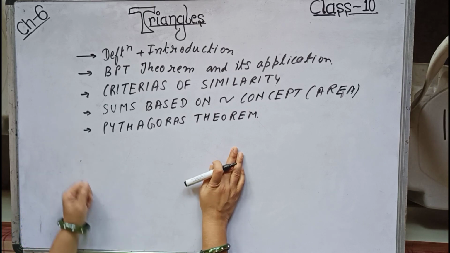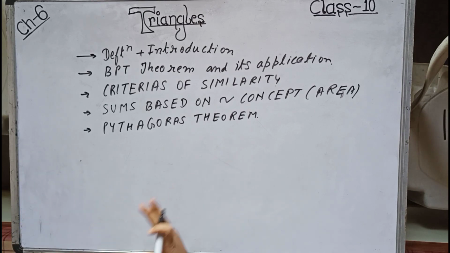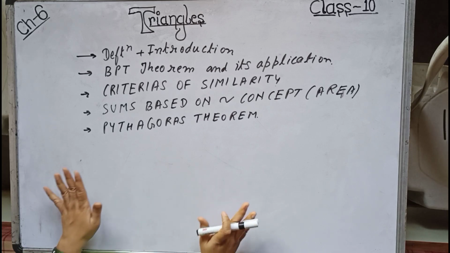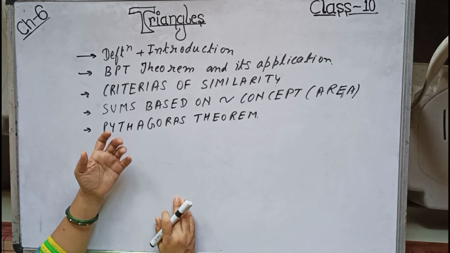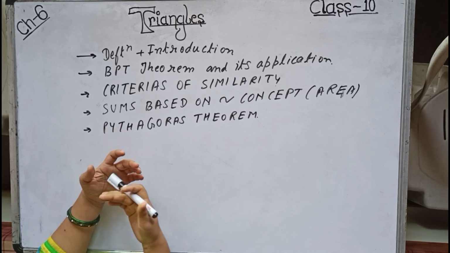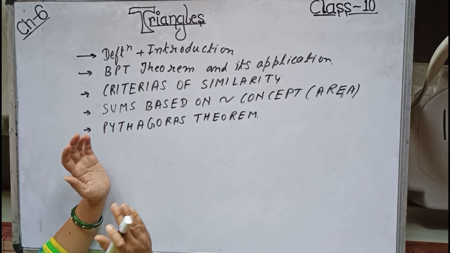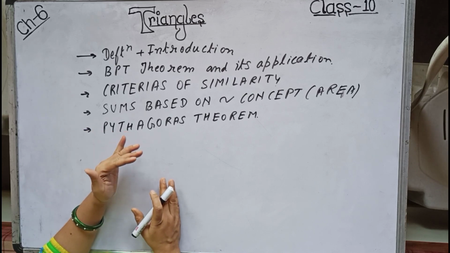Converse of Pythagoras theorem is deleted, but its few sums we will be obviously discussing. So this is a geometrical chapter, and with concept a lot of topics are there. So you understand the topics, grasp the concepts, and please be regular when I teach triangle chapter.